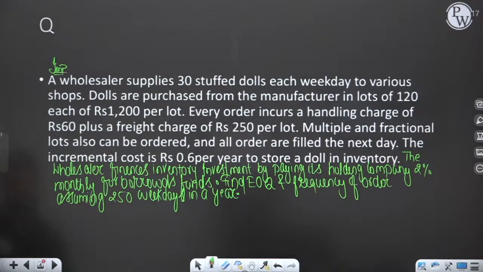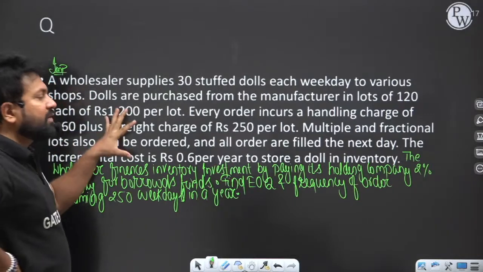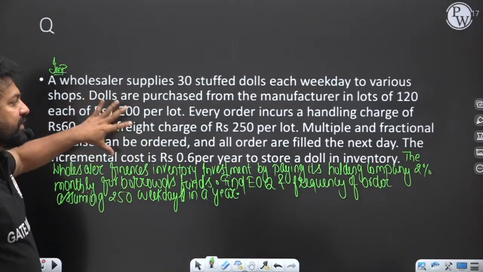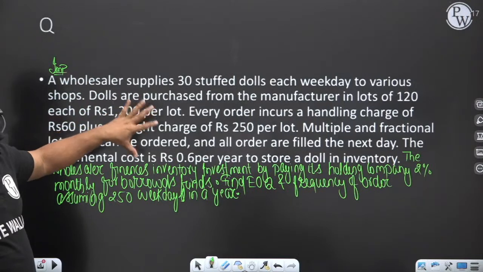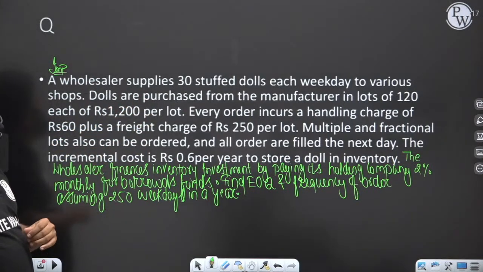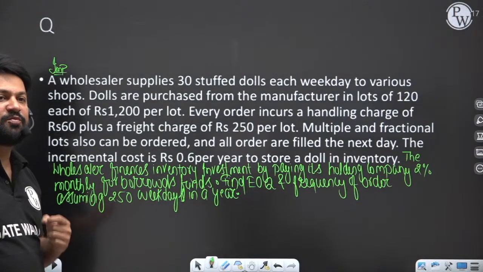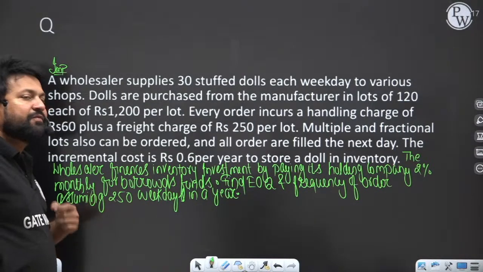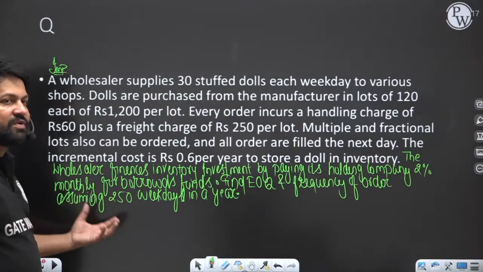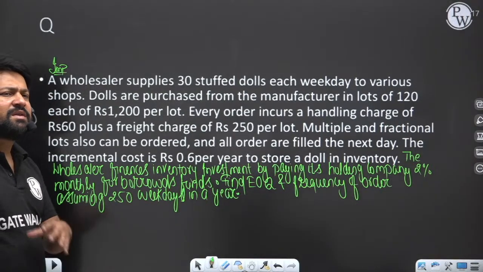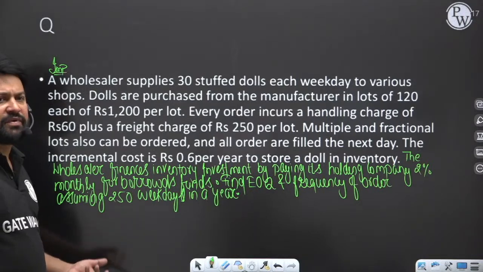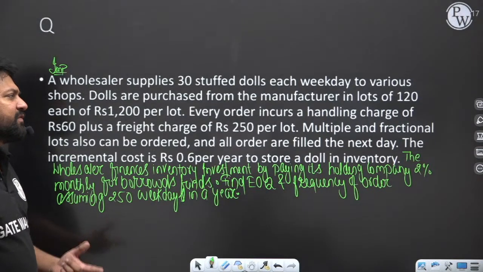I can solve it, but it is more important that you put in your effort. It's an important question, but it is necessary that you put your effort, then it will be more beneficial for you. The benefit of the Abhyas batch is not that I give the question and solve it.